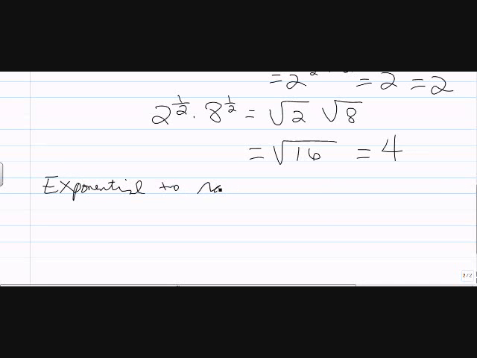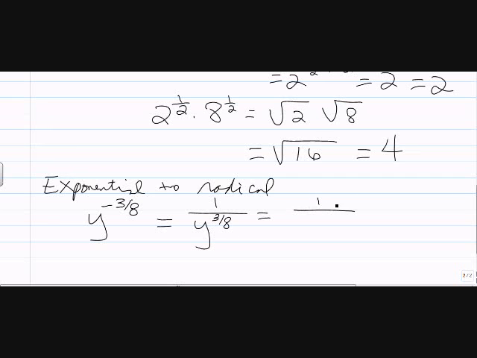So we can go from exponential to radical or radical to exponential. First we'll go exponential to radical. I'm going to take y to the negative 3/8 and write that as a radical. First I have to figure out what that negative sign does. That negative sign takes the reciprocal of y to the positive 3/8. So that's 1 over y to the positive 3/8. Now I've taken care of the negative sign. Now let me take care of the fractional exponent.